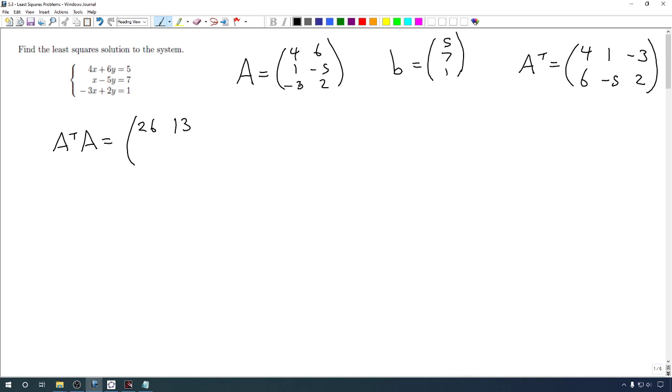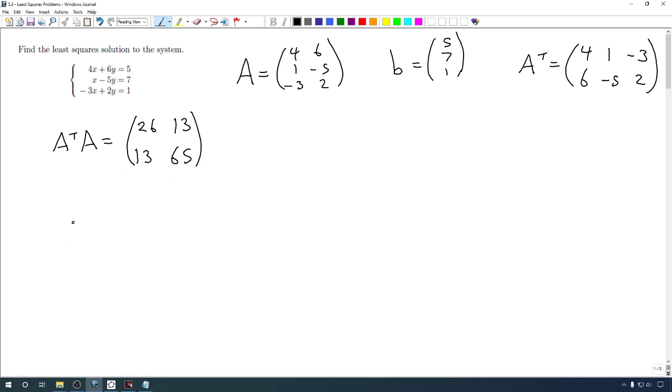We're going to get the same numbers multiplied together and added up, the same 13 that we got last time. And then finally, we're going to take the row 6, negative 5, 2 times 6, negative 5, 2. Again, we get a bunch of squares. When we multiply those together and add them all up, we get 65. That's our A transpose A.